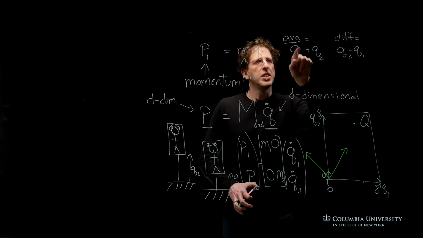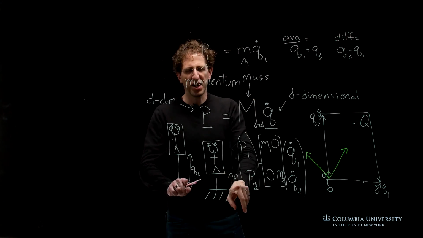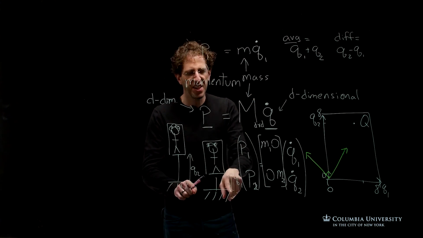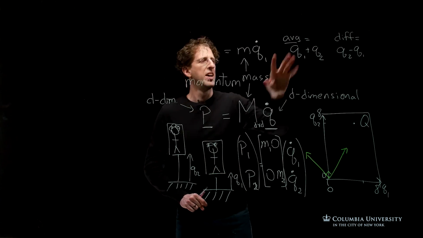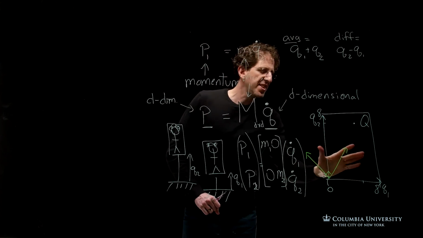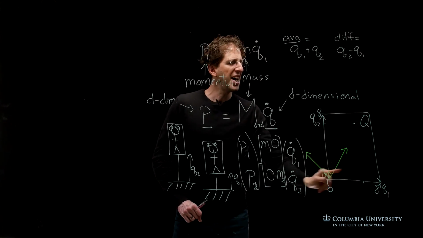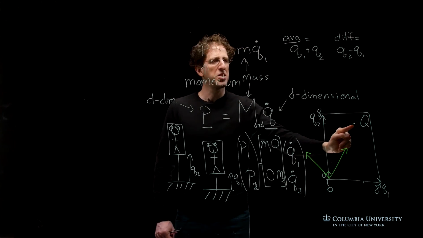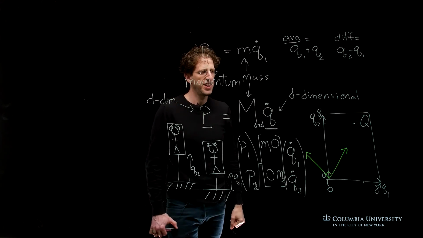In other words, changing coordinates and talking about my pair of elevators, not in terms of their individual heights, but in terms of their average height and difference in height, is the same as picking different axes for talking about the position of this point in configuration space.